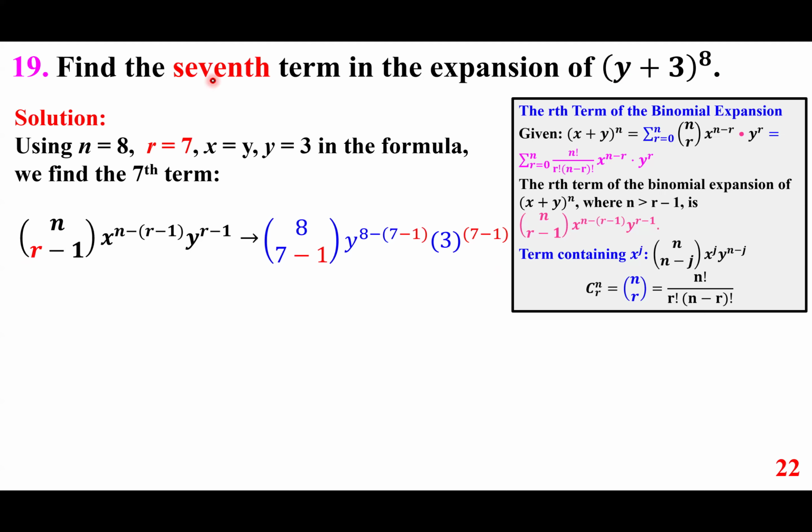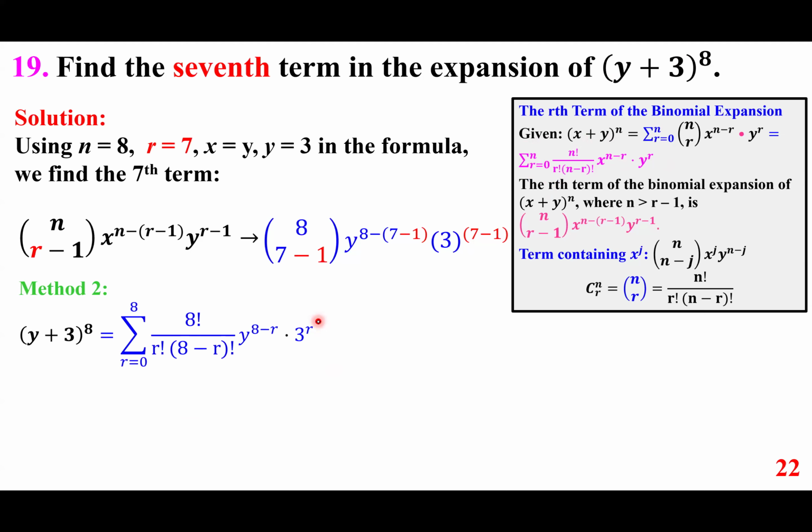Write (y + 3) to the power of 8 as the summation, r going from 0 to 8, of 8 factorial over r factorial times (8 minus r) factorial, y to the power of 8 minus r, 3 to the power of r. So this is just the expansion we're supposed to do.